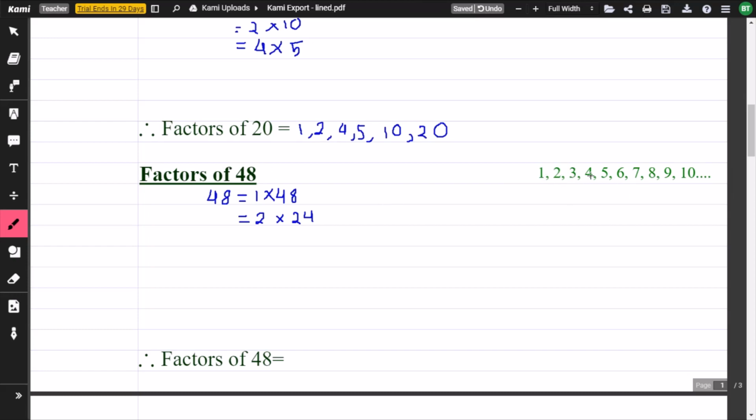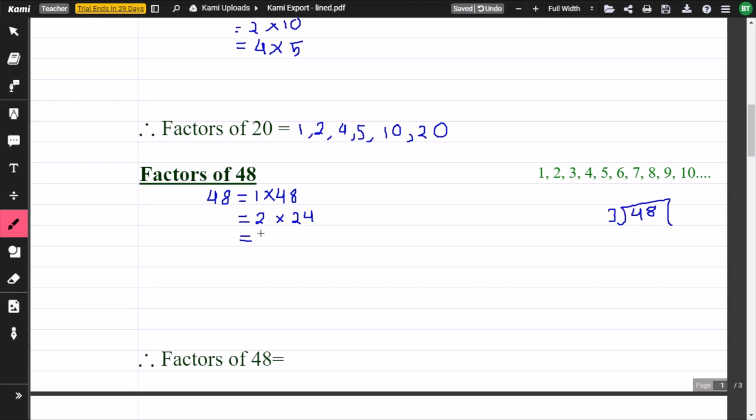Now after 2, move to the next number 3. Is 48 divisible by 3? You can either use the divisibility rules for 3 to see whether 48 is divisible by 3 or not, or you can actually divide here like this. At the side of your exercise book, you can divide by 3 to know whether 48 is divisible by 3 or not.